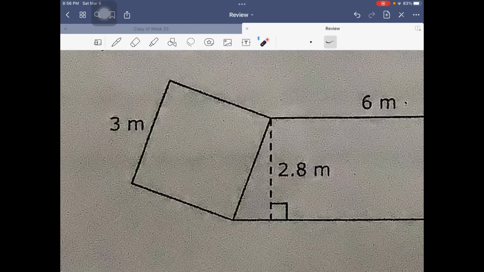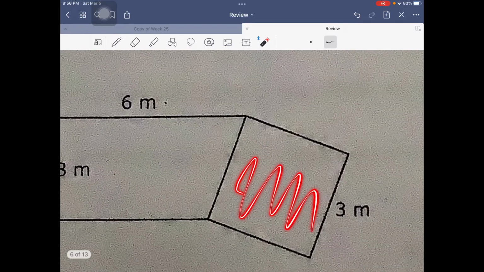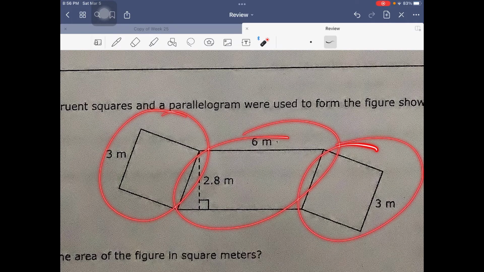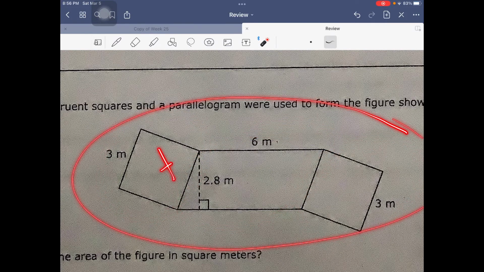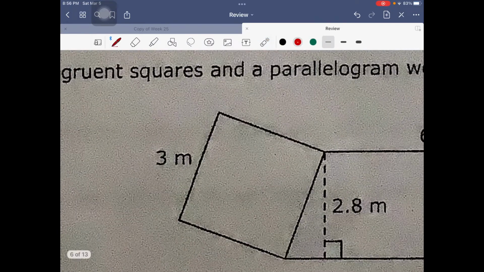But there are 3 little formulas, or actually 2. You're going to use them to find the area of each one, and then to find the area of everything, we just add them.